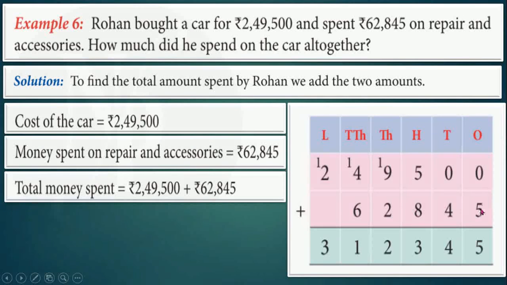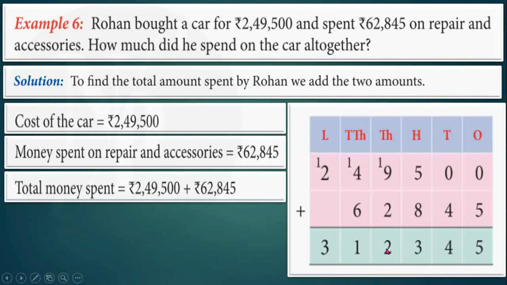0 plus 5 is 5, 0 plus 4 is 4, 5 plus 8 is 13. So we write 3 here, 1 will be carried forward to the next place. And 1 plus 9 is 10, 10 plus 2 is 12.